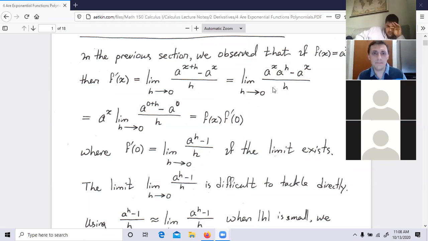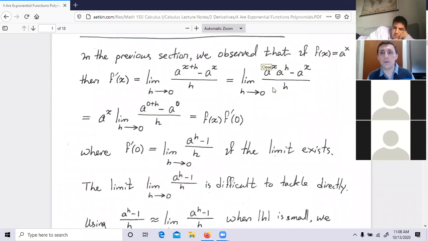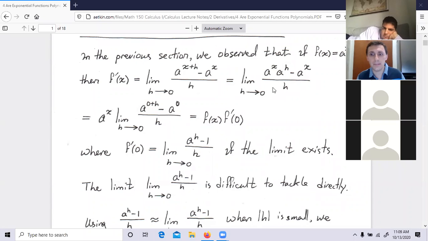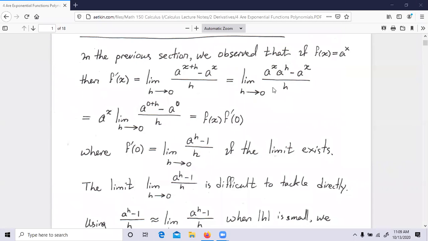Thank you, Christian. And the rest of you guys, what do you think? The function multiplied by its derivative at 0, what's the simplest derivative at 0 you may hope for? Two people say something.